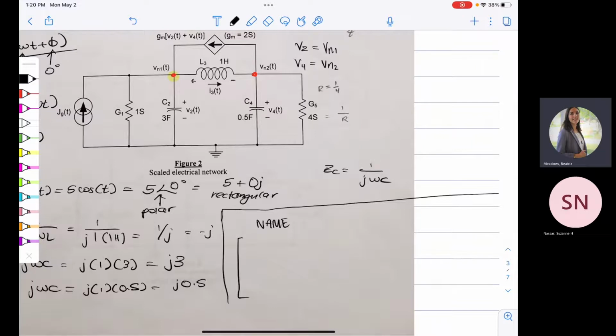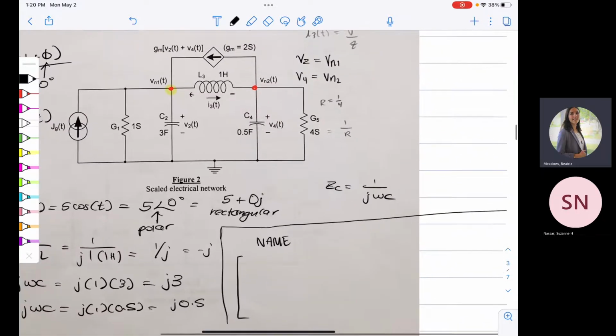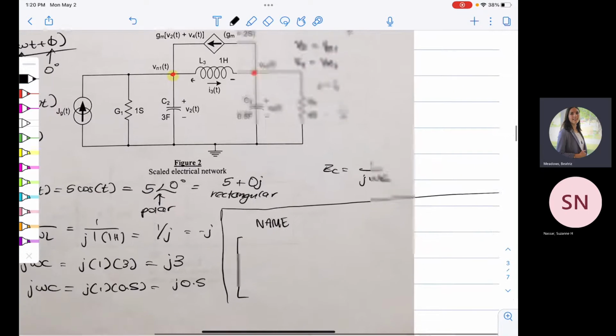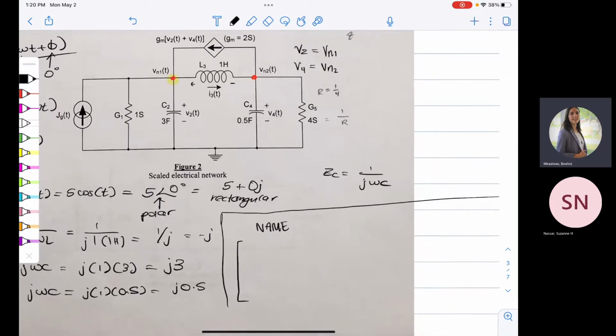So can we start putting together our matrix to find our node voltages? Okay, so what are the admittances going into the first node voltage? Okay, what's in common between the two?